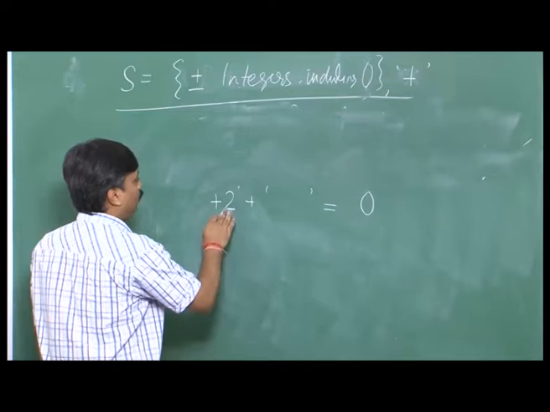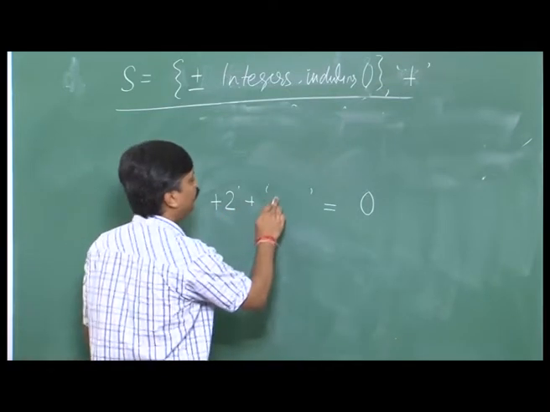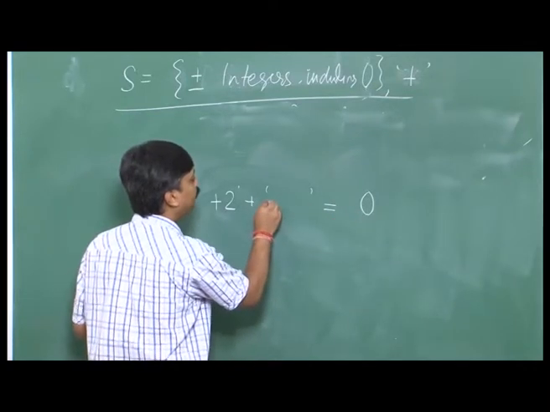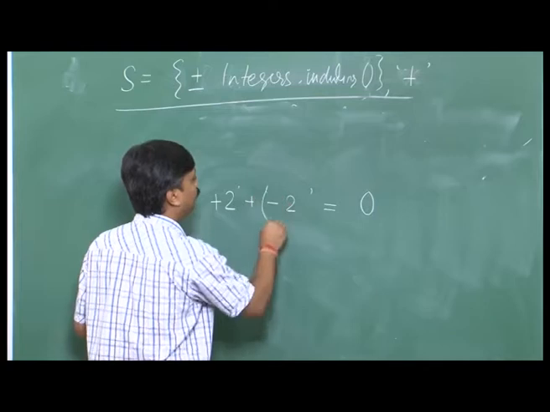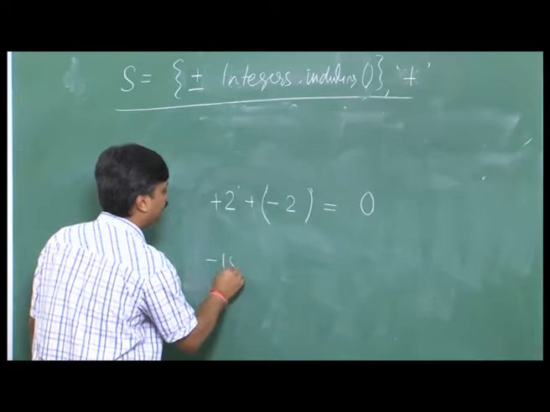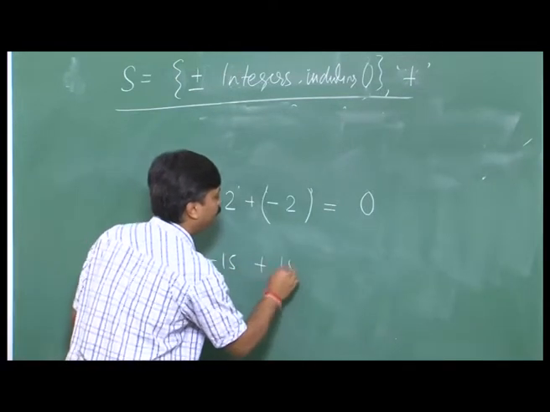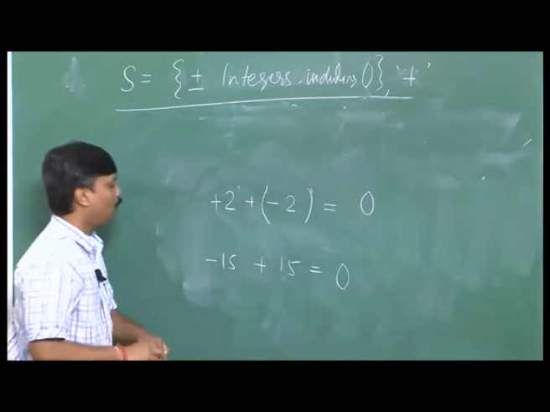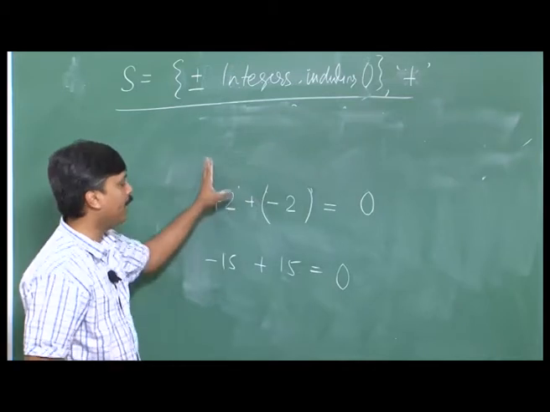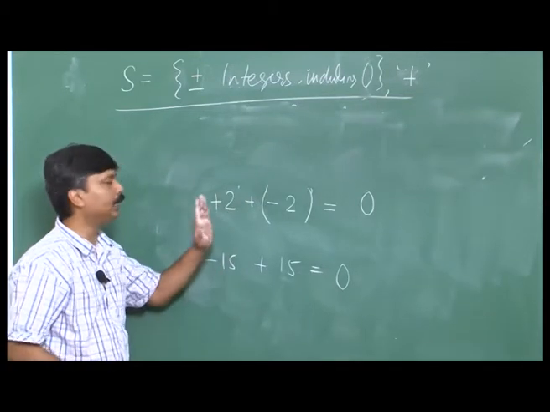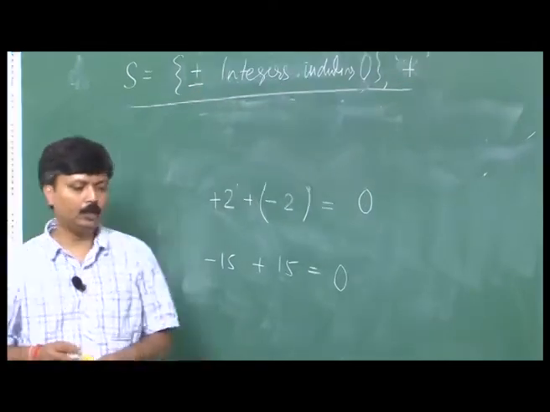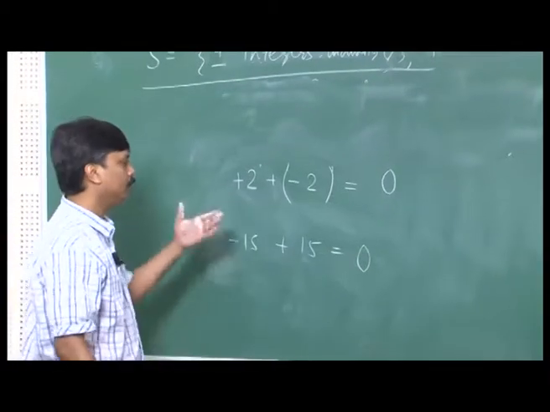So plus 2 will be adding to something which will give 0, and that something must be minus 2. If I take another example like minus 15, I have to add plus 15 in order to get my identity element. Now all these numbers are integers, so I have a unique inverse for each and every element within this particular set.